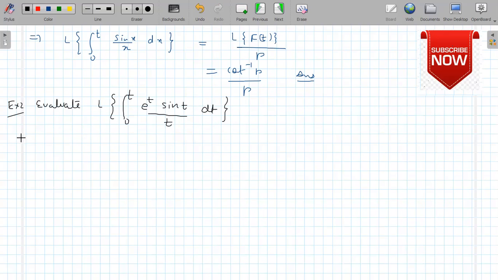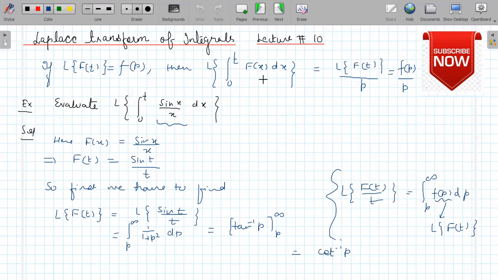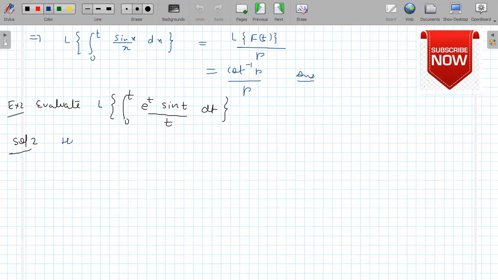So here, if you compare this expression with this expression, the value of f(x) is this whole expression, e to the power x sin x divided by x.